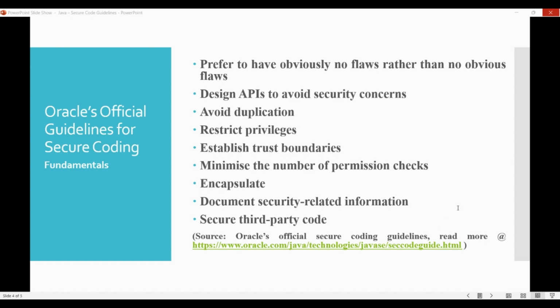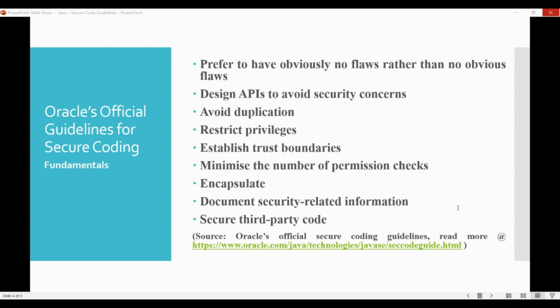At the very first point, it says prefer to have obviously no flaws rather than no obvious flaws. That is, design and write code that does not require clever logic to see that it is safe. And for this, it says specifically follow the guidelines in this document unless there is a very strong reason not to.